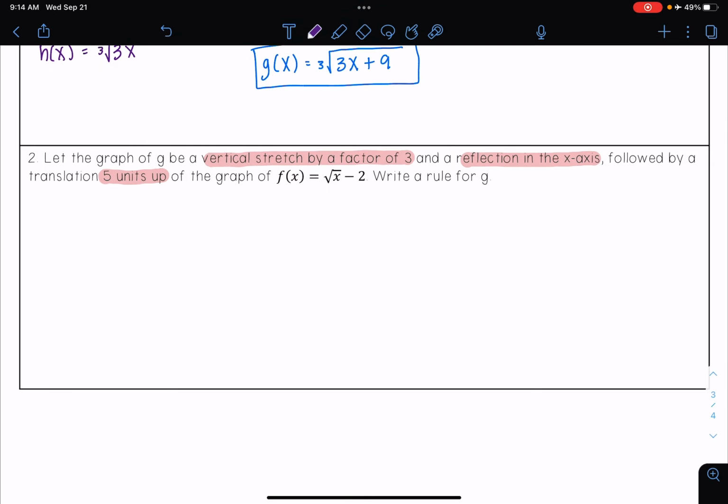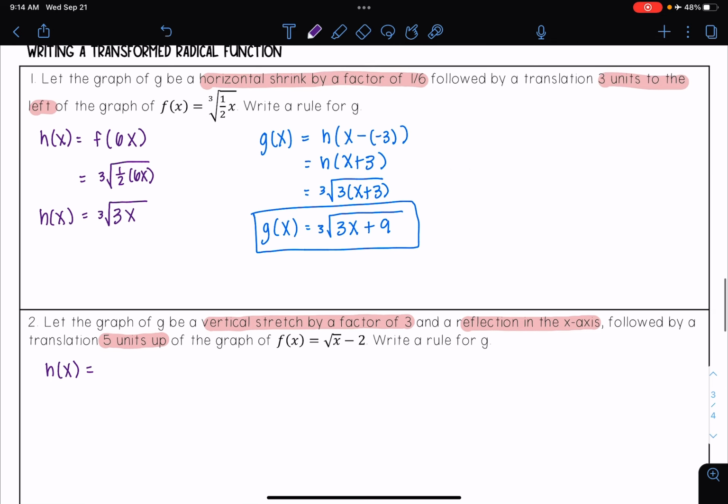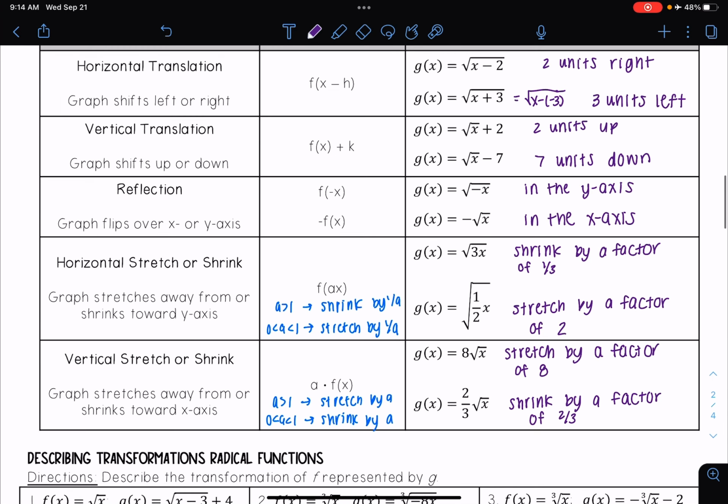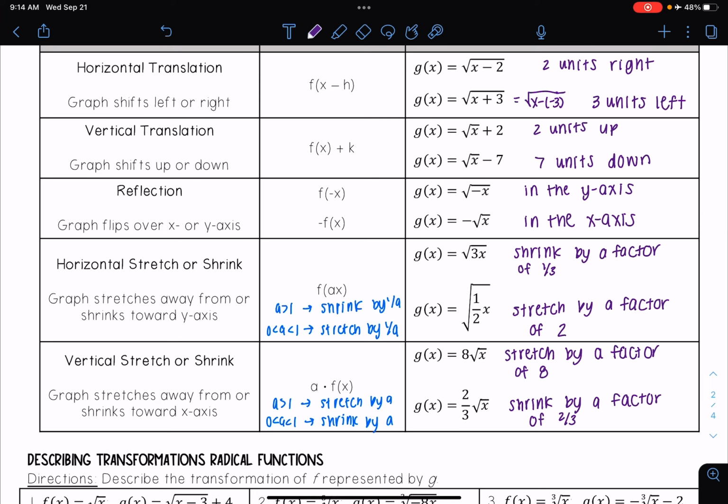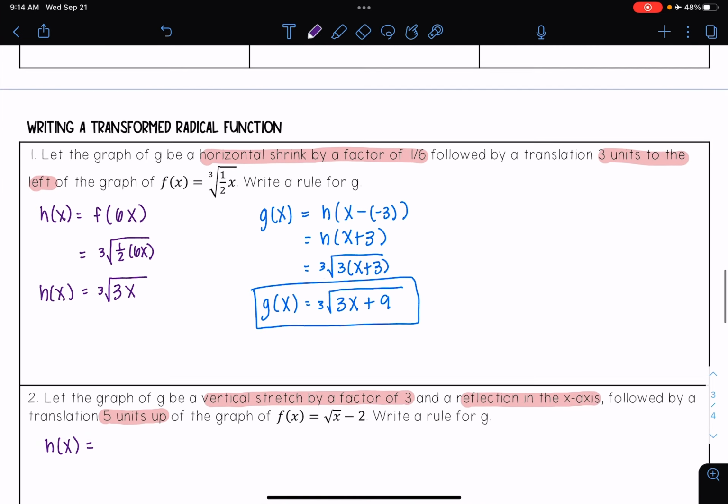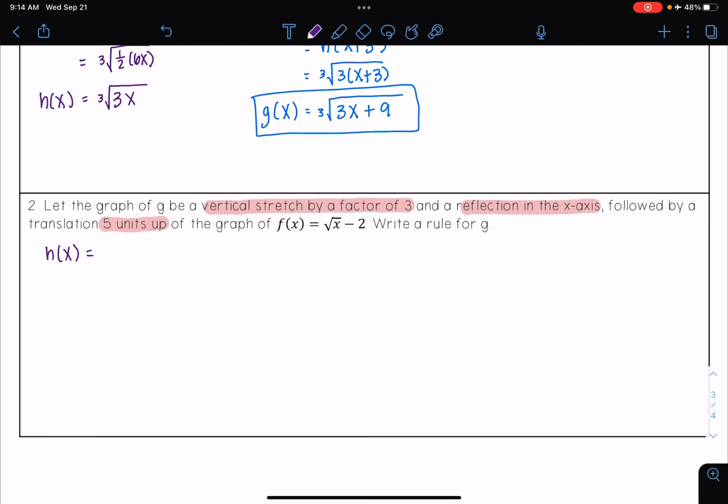Okay, so for this one, I'm going to focus on the first 2 transformations, the vertical stretch and reflection. So h of x is going to equal, the reflection in the x-axis means I am taking the negative of f of x, so I have a negative out in front. And the vertical stretch by a factor of 3 means that I am multiplying my function by 3.